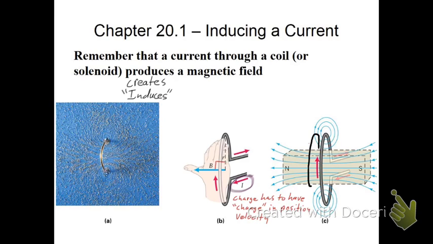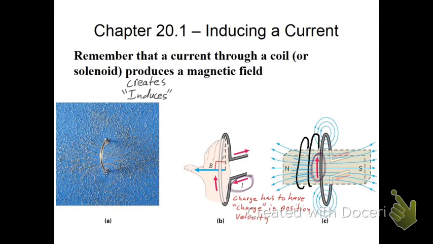Another critical attribute we talked about is if I increase the number of coils, I can increase the strength of this magnetic field. We also learned with our right-hand rule that the direction of this current is also important. But I get all these things coming together, and I am going to induce a magnetic field.